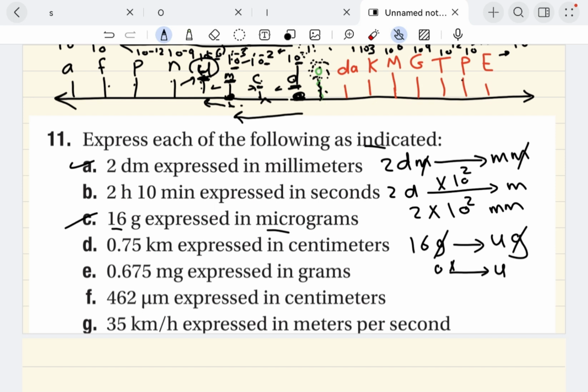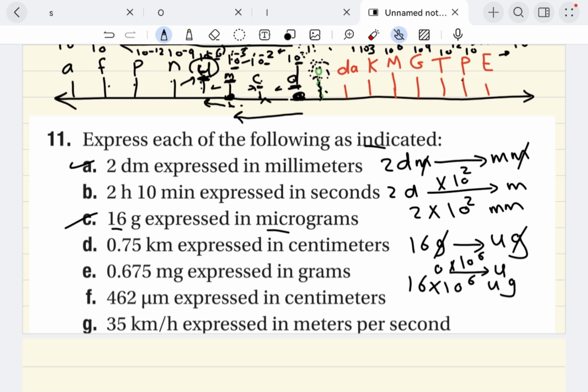From 0 to minus 6, it's minus 1, minus 2, minus 3, minus 4, minus 5, minus 6, so it's 6 numbers, so I will multiply by 10 to the power of 6. The answer will be 16 times 10 to the power of 6 microgram. This is for number C.